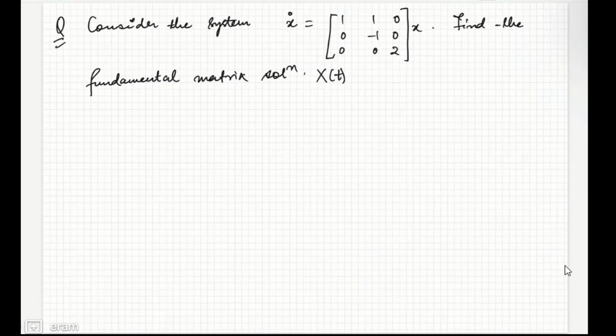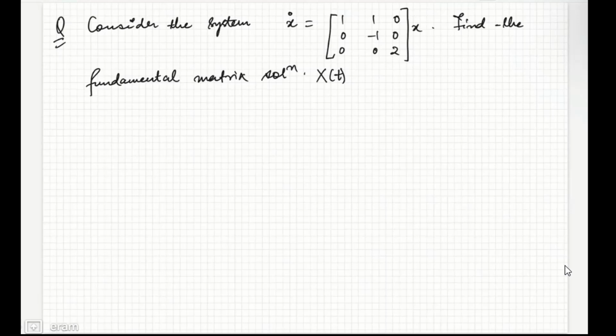So how do we calculate the fundamental matrix solution for a linear autonomous system? As I already briefed, we have to calculate the solution basis and then cascade them as column vectors.